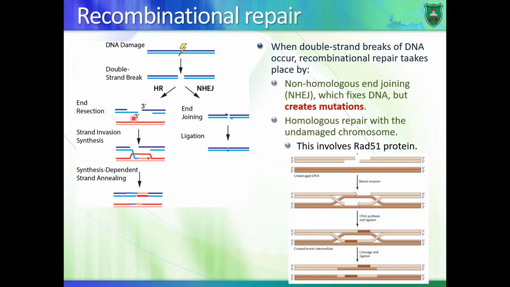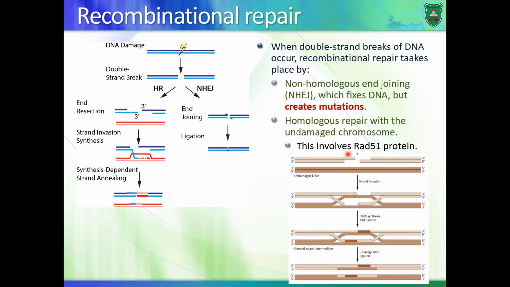So you have recombination taking place, exchange of genetic material between the two chromosomes, and the gaps are filled in by recombination, as well as DNA polymerases filling in the gap using information taken from the other chromosome. This illustrates what happens in the homologous repair system.